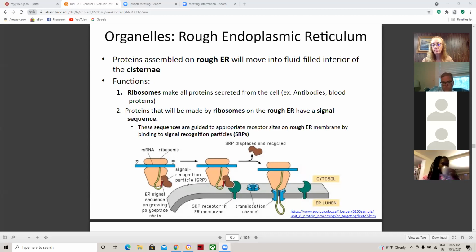If the signal recognition particle is on the protein that's being synthesized, that means that ultimately that protein is going to end up being part of the plasma membrane or be released from the cell via exocytosis.